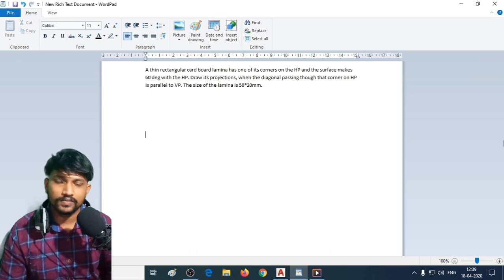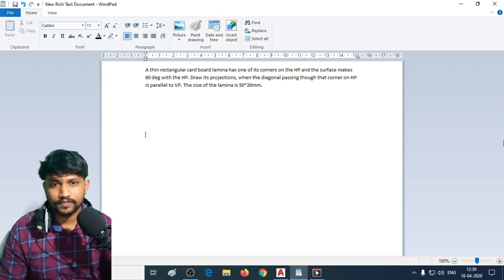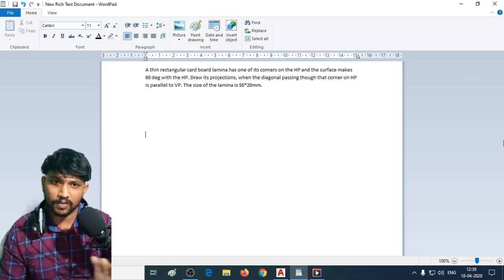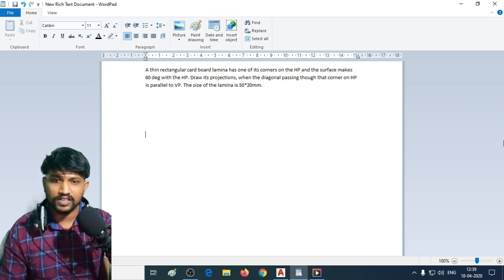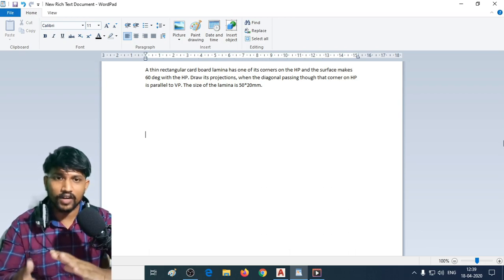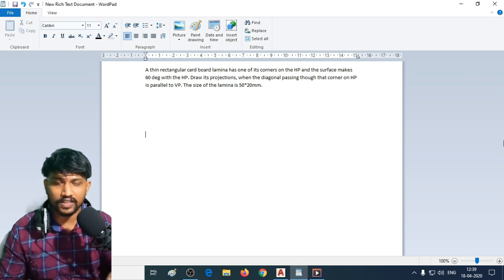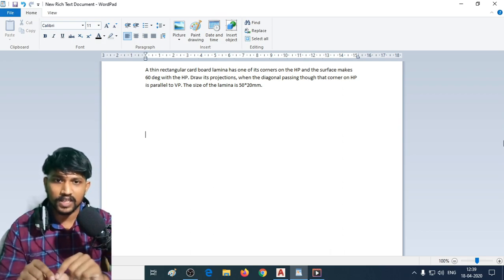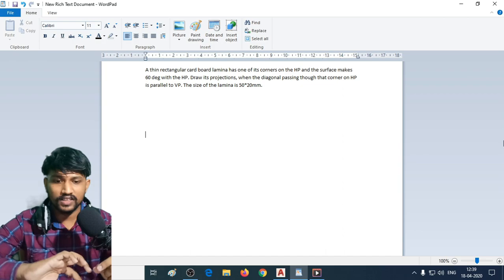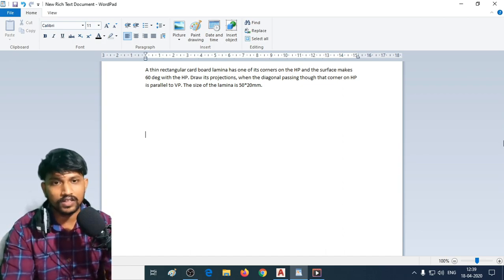After that, make it inclined to one of the planes, or take the inclination of that particular surface with the horizontal plane initially, and get the front view and top view. And I told you, if you get a straight line in the front view, take the initial inclination of that particular lamina with the horizontal plane.